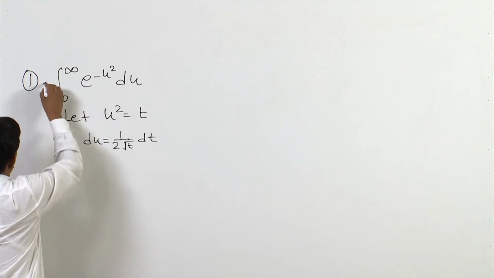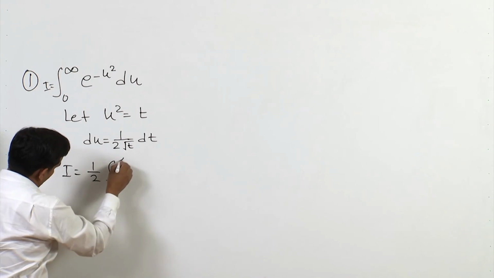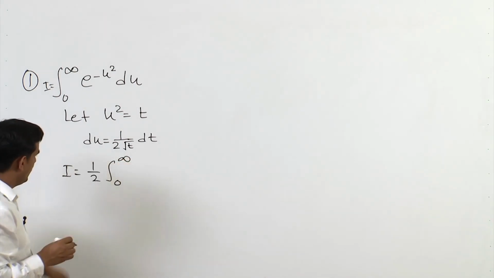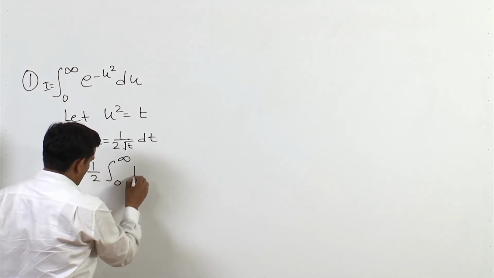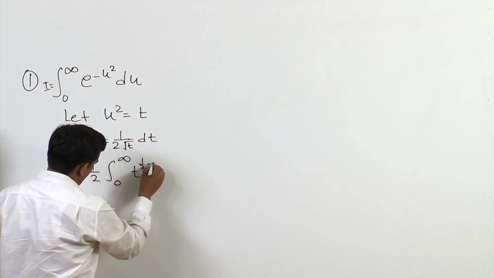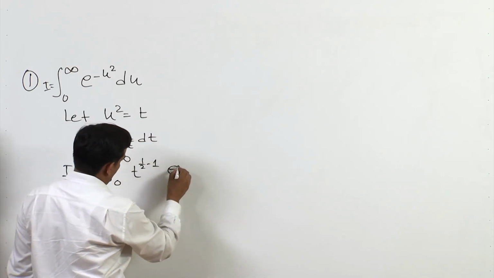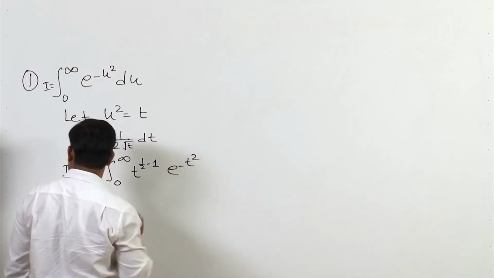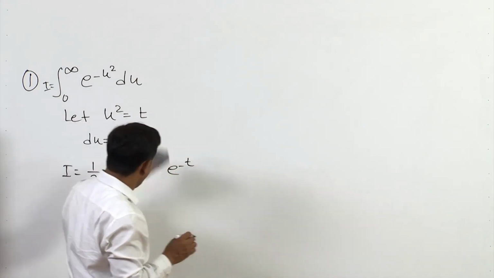So, after making this substitution, this integral I can be written as 1 by 2 ∫ 0 to infinity t raised to power minus half. So, t raised to power minus half can be written as t raised to power half minus 1 and then e raised to power minus t, because earlier it was u square.